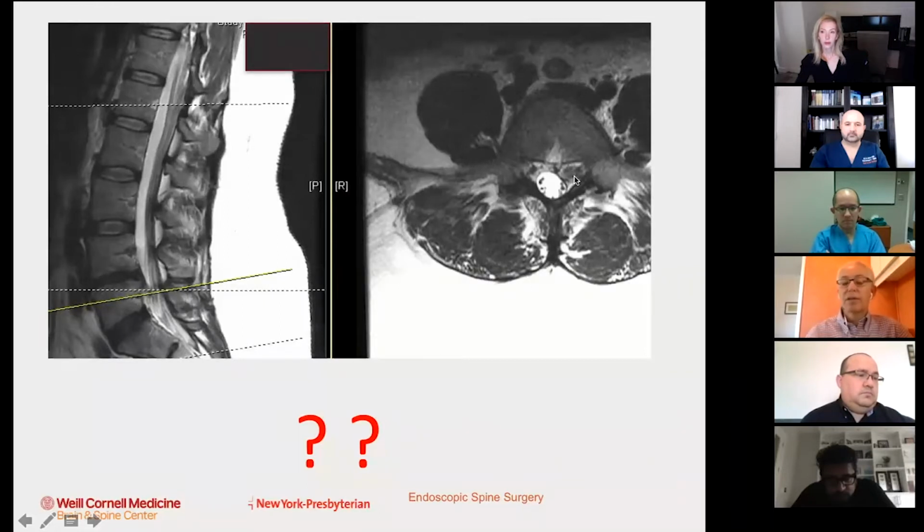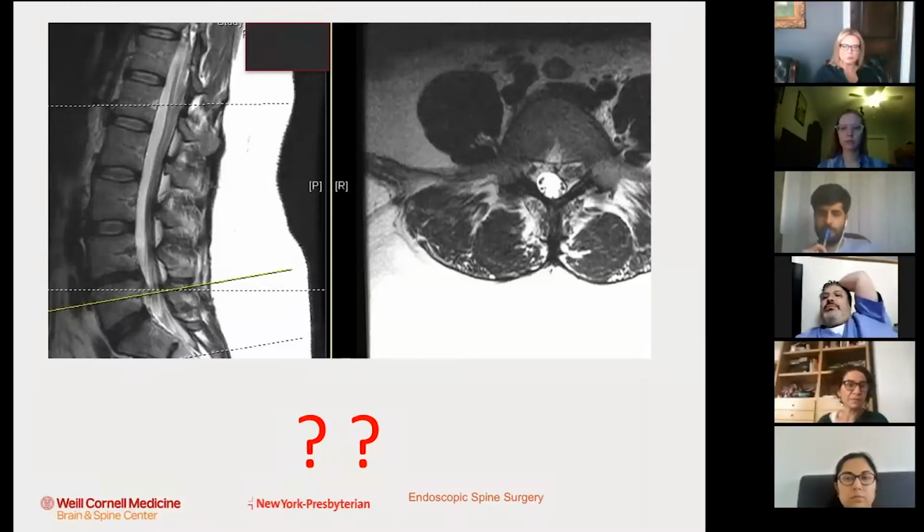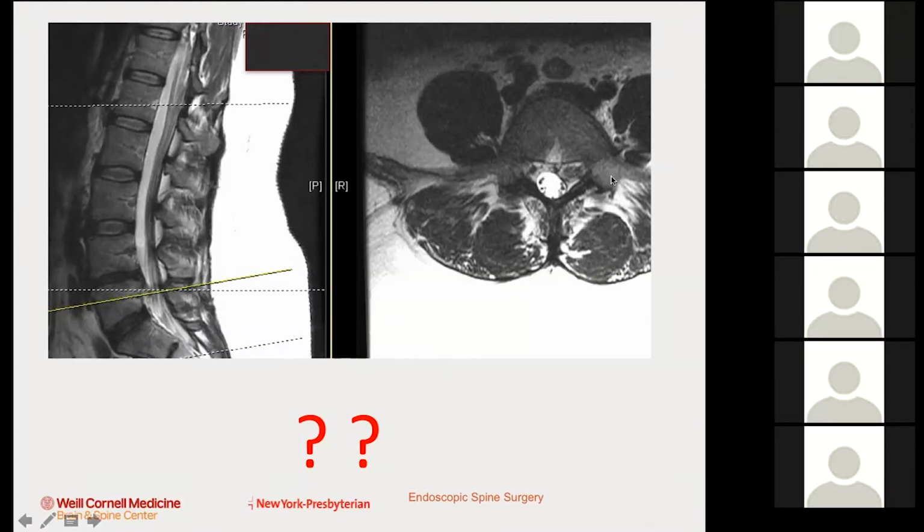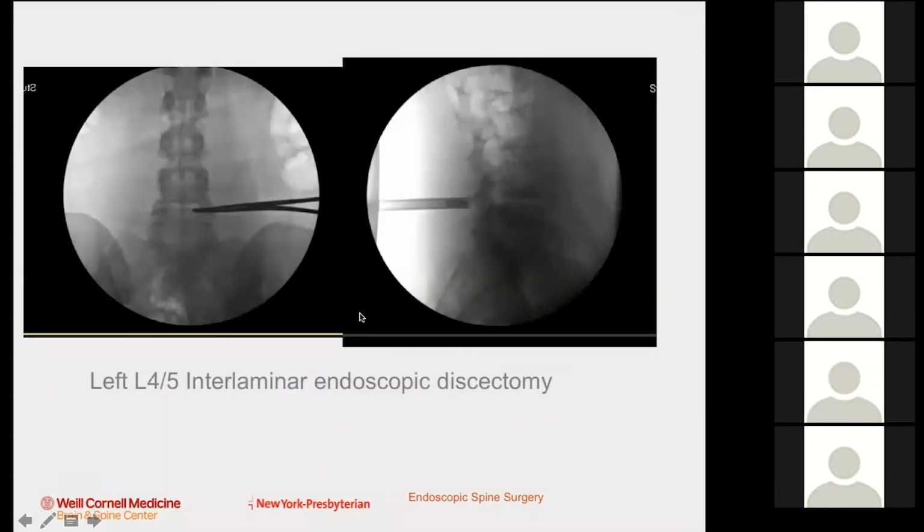Now, I think this case could be appropriate for a transforaminal approach, but I felt because it was herniated so inferiorly, even just medial to the pedicle of L5, I wanted to do an interlaminar approach.